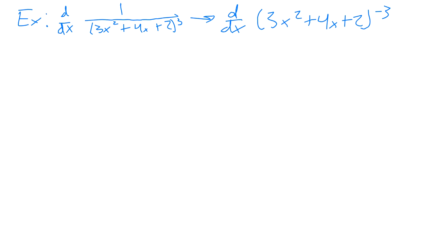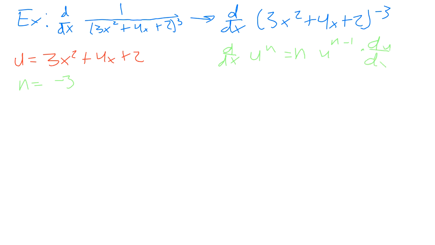So we can say that our u is equal to 3x squared plus 4x plus 2, and then our n equals negative 3. So now we can plug this in to where we have d over dx of u to the n equals n times u to the n minus 1 times du over dx.